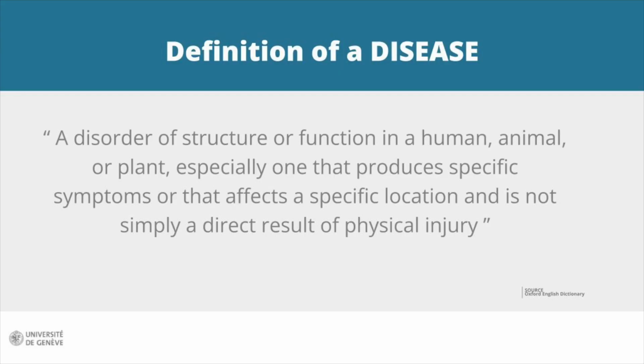Okay, so an illness, or a disorder, is not the same thing as a disease, right? The definition of a disease is a disorder of structure or function in a human, animal, or plant, especially one that produces specific symptoms or that affects a specific location and is not simply a direct result of physical injury.